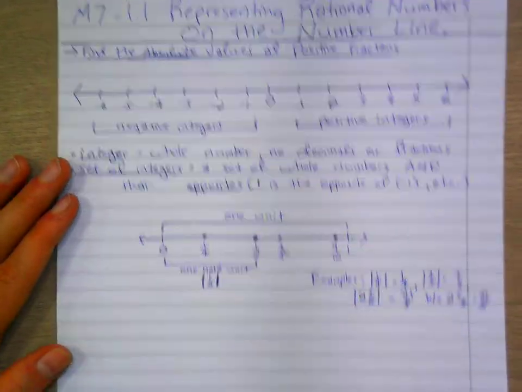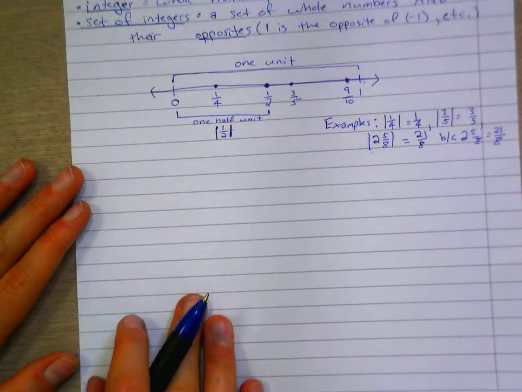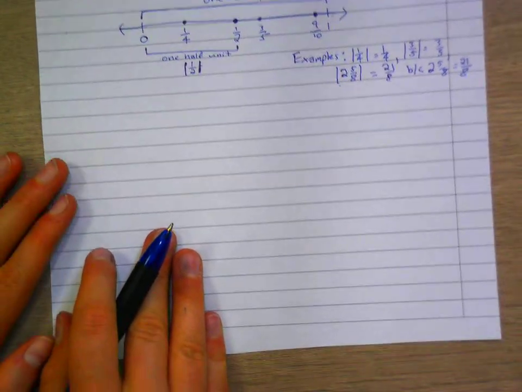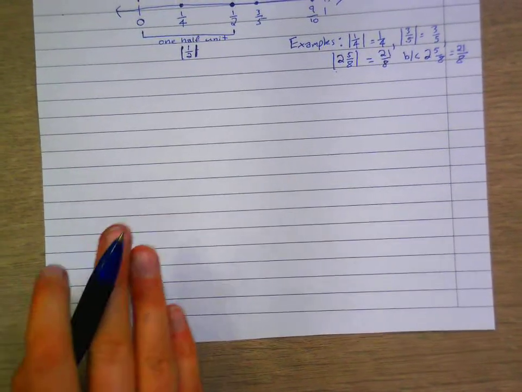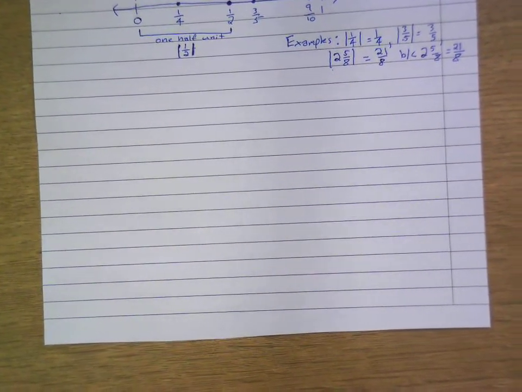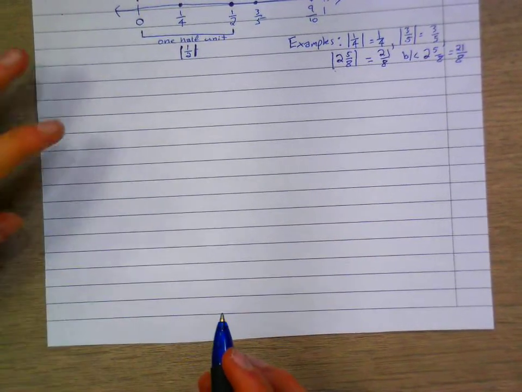Moving on to the next step, we are going to find the absolute values of negative fractions and decimals.